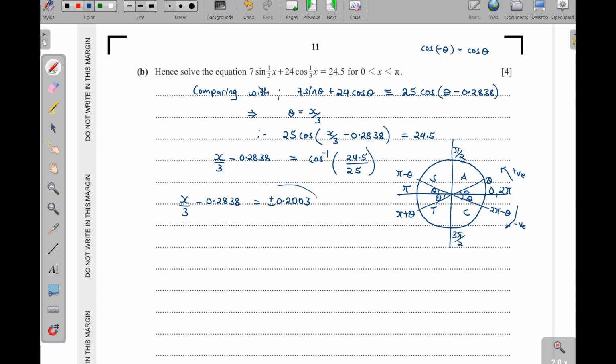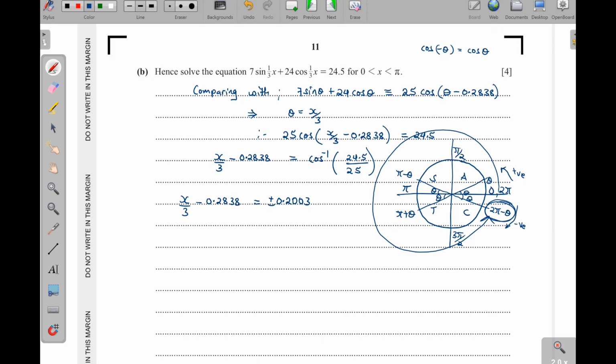So that's why I'm putting plus or minus, because you can go here anti-clockwise, you fall in the first quadrant where cosine is positive, or you can go clockwise, but to get the angle in the fourth quadrant, you will say 2 pi minus theta.